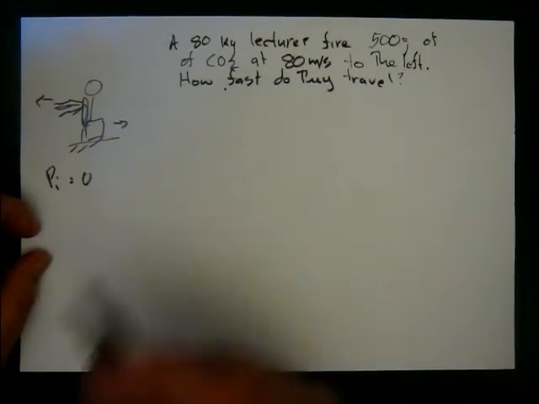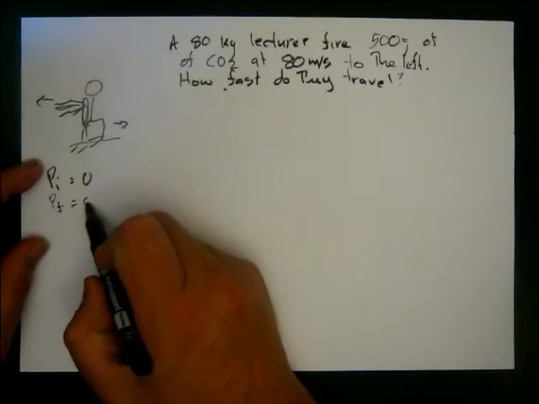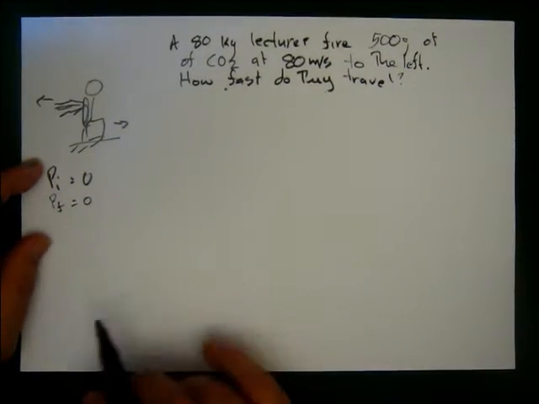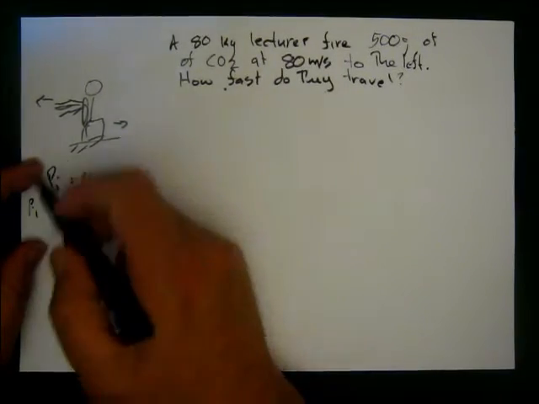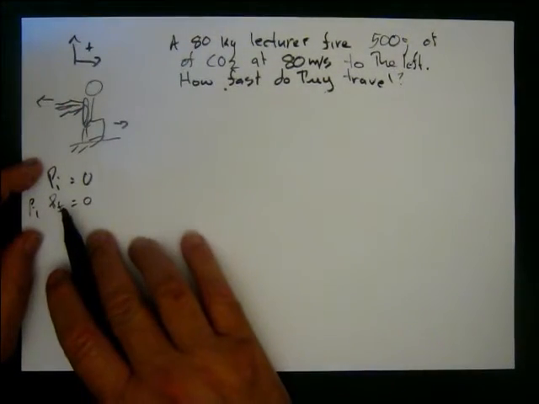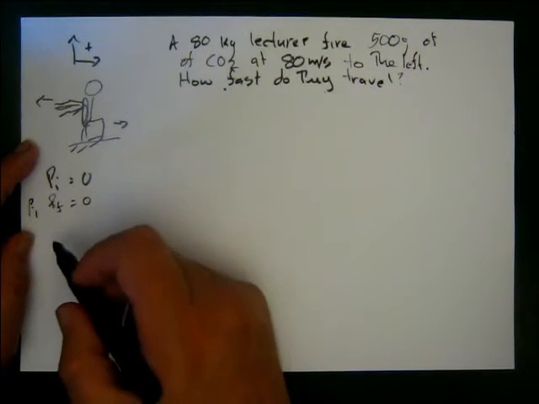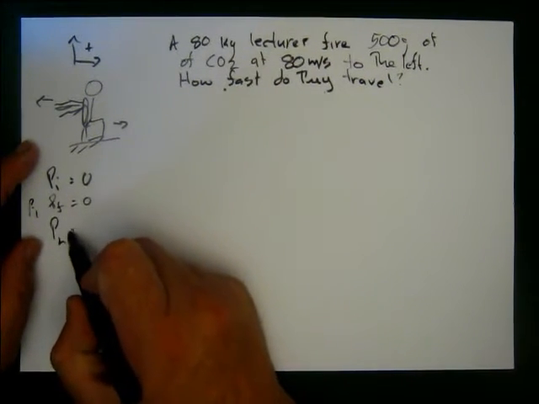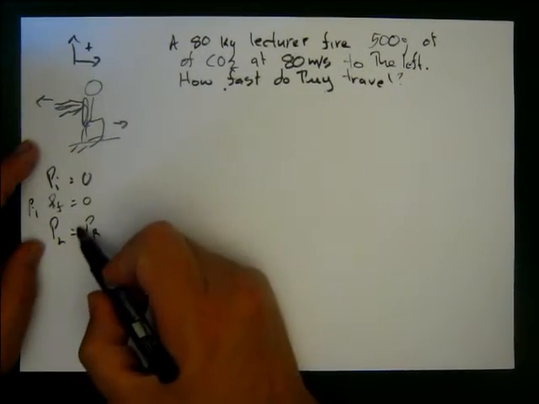So P final is also going to equal 0, because momentum P initial equals P final. We set this up as positive, positive. So this means momentum left equals momentum right, or negative momentum right.